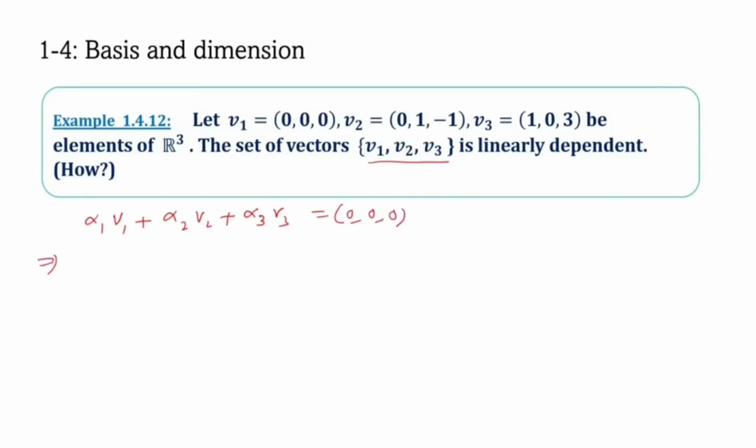Now if you combine them, since V1 has all 0, alpha 1 V1 will be 0.